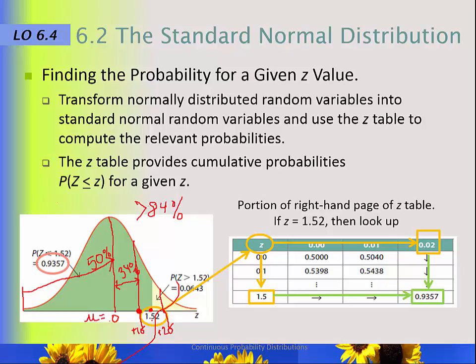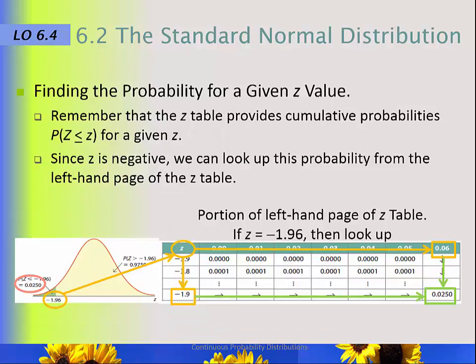So we knew it was going to be greater than 84%, and it's actually roughly 93.57%. So the way we interpret that is, if we return a z value of 1.52, then we have a 93.57% chance of this event occurring.